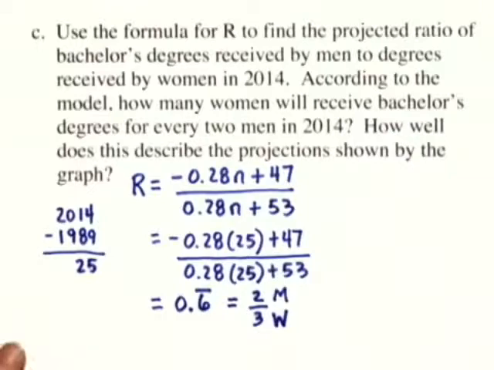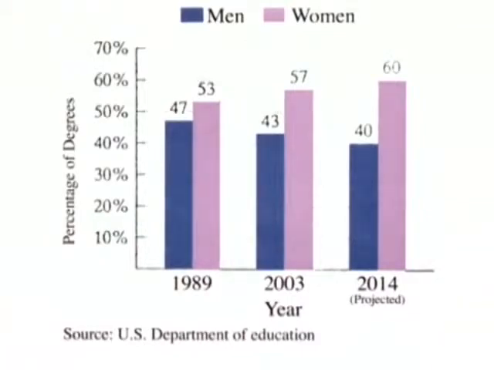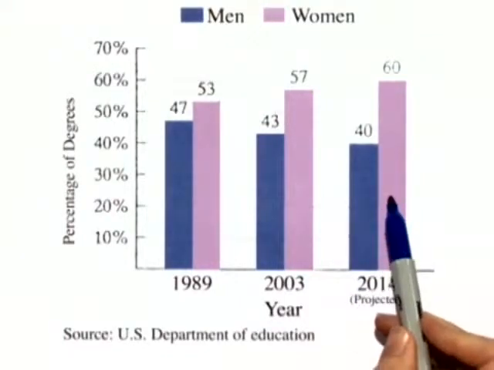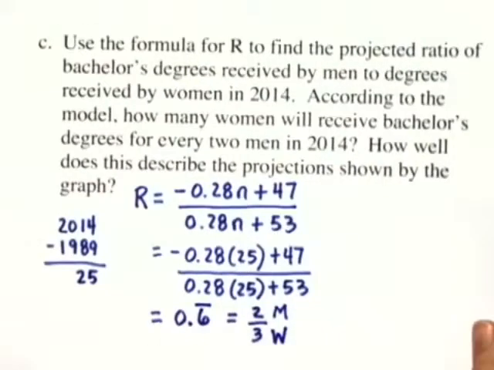Well, let's look one more time at the graph. So in the year 2014, the bar graph shows that for 40% of men receiving a bachelor's degree, 60% of the women receive a bachelor's degree. So let's compare that.